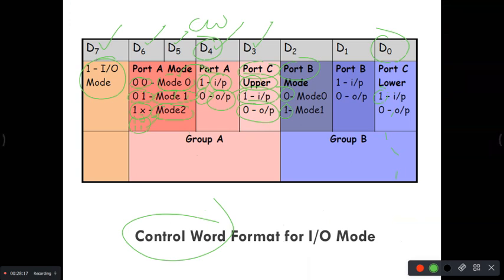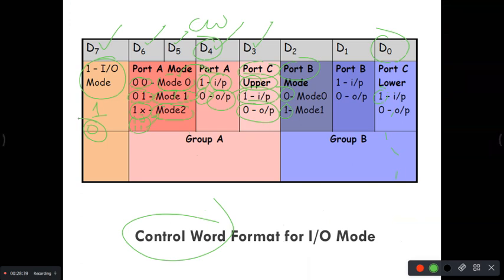We'll see what the bit set reset mode is. Whenever this 8255 is used in IO mode, this D7 goes to 1. Otherwise, D7 goes to 0. That is bit set reset mode. So have you understood about this control word now?